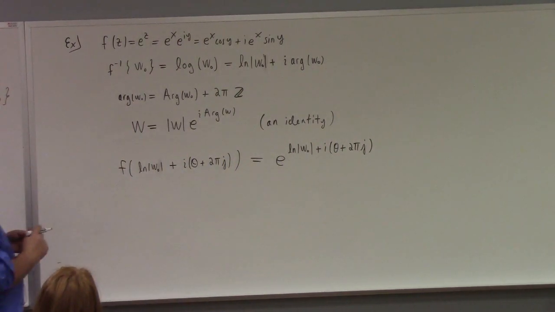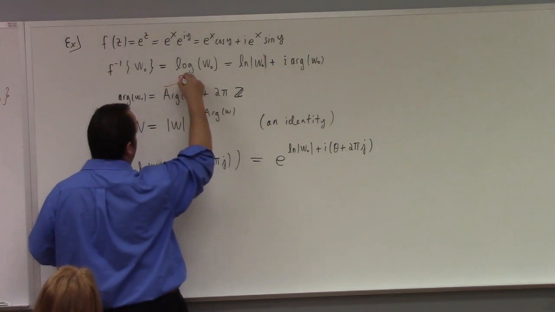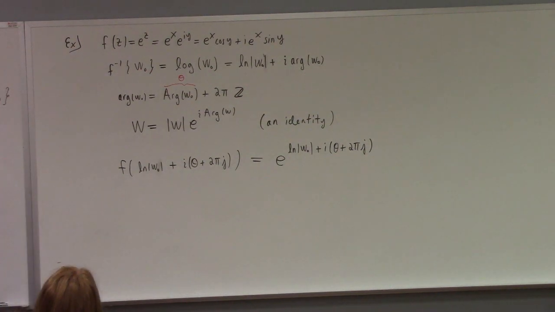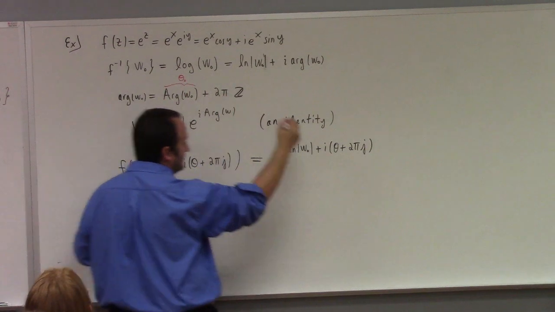And here, so that I don't keep writing arg, I've just called this thing theta for the sake of discussion. I'll stick a naught on it. Why not? There we go.